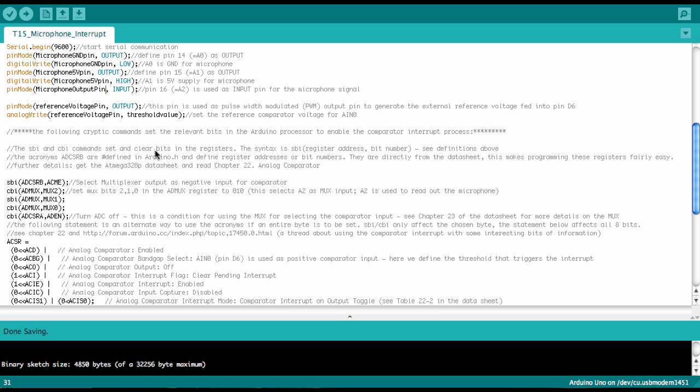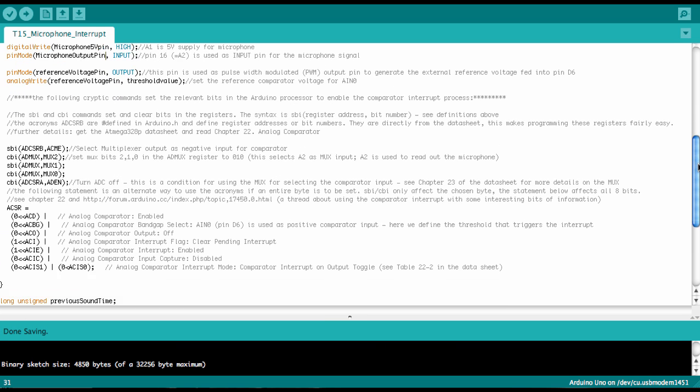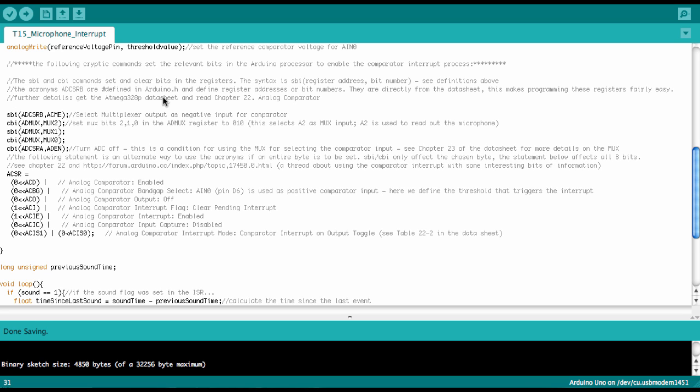Okay, so down here is the complicated part of this sketch. These cryptic commands will now set all these bits in the registers. We have the ADCSRB register and the ADMUX register. Here essentially we set the multiplexer so that A2 is being fed through it.